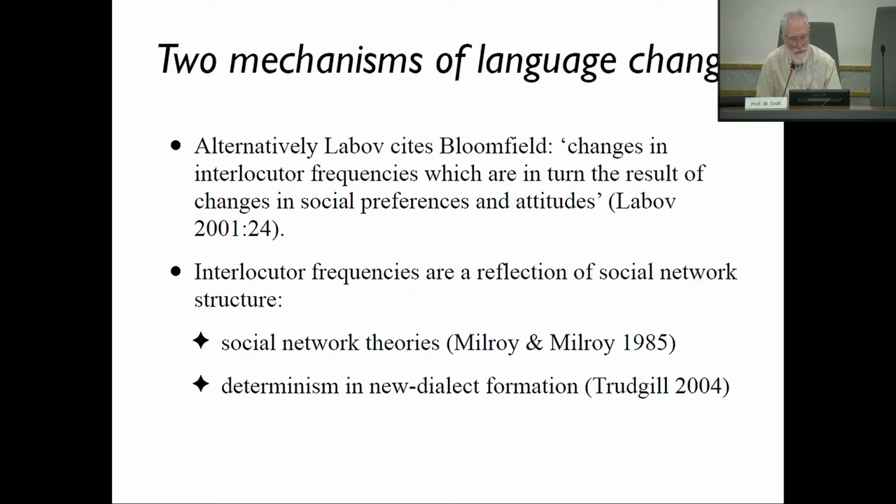And so interlocutor frequencies are considered to be a reflection of social network structure. This social network structure basically describes who you interact with and how often and in what social context. So this theory is most closely associated with the Milroys in social network theories of how language change is propagated.